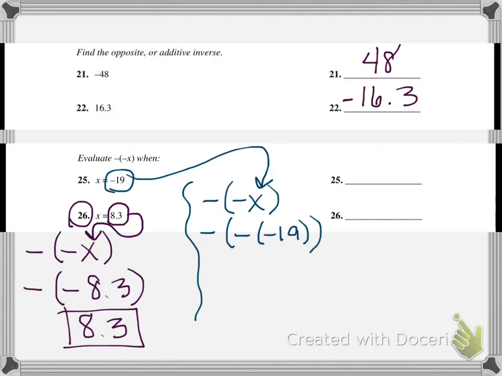So this one's a little bit trickier because x is negative, so that means I have the two negatives from the original problem, but then I got to throw in the third negative because x is negative. So if we start on the innermost parentheses and work our way out, the opposite of negative 19 is going to be positive, but then I got to throw in another one, so that's going to leave me with negative 19.